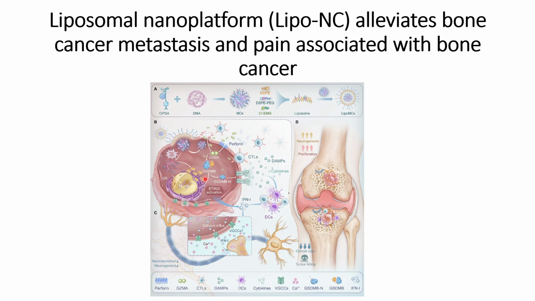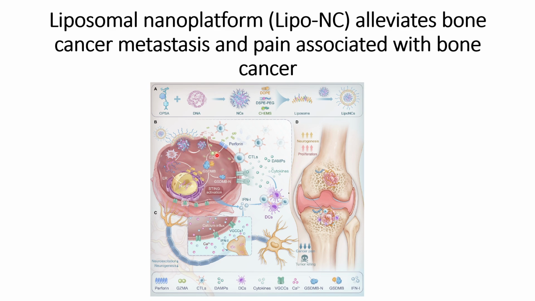At the same time, it will release lytic cytokines that can trigger pyroptosis of the same tumor cells. Pyroptosis is mainly programmed cell death through inflammation.